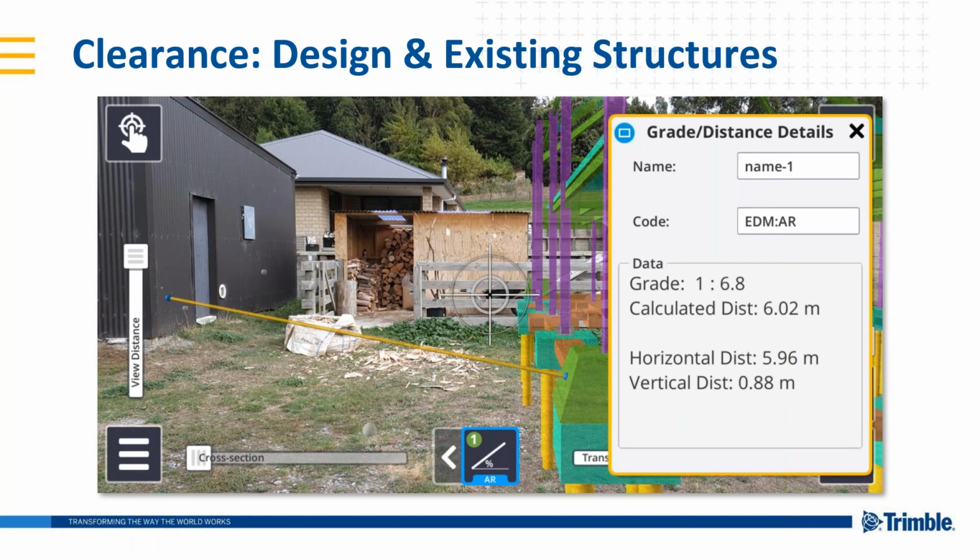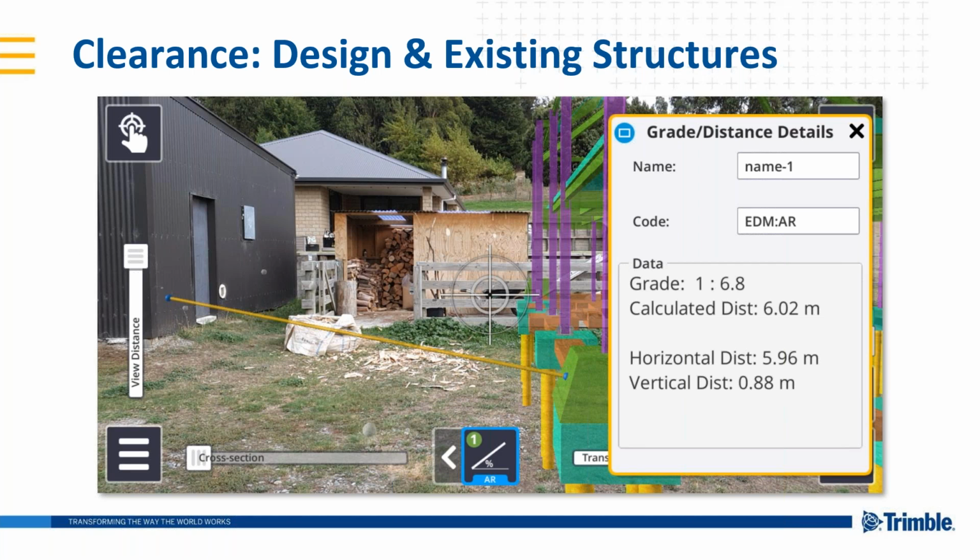So in this instance, if I've got an existing structure and a design, I can use the combination of the measurement technologies and this measure grade and distance routine to check the clearance between the proposed and the existing structure, not on a plan on my desk, but actually out on site.